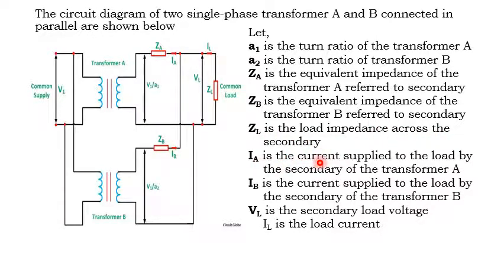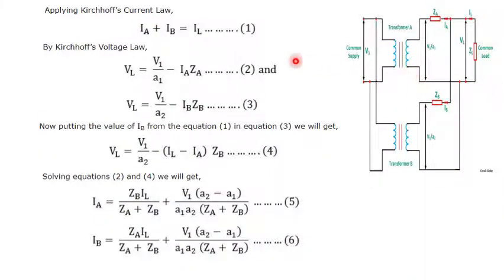IA is the current supplied to the load by the secondary of transformer A, IB is the current supplied to the load by the secondary of transformer B, then VL is the secondary load voltage and IL is the load current. So all these parameters are mentioned in the circuit diagram. Now by considering the circuit diagram, we define the conditions and check whether they are satisfied or not. These are the general conditions.